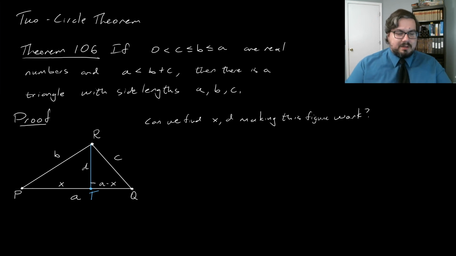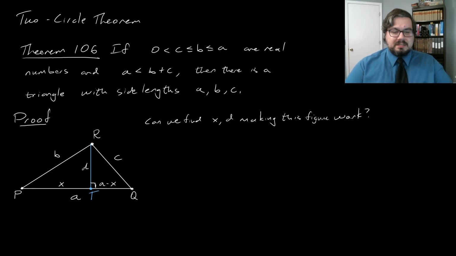Given that we are going to put a right angle there, that's usually what we want to do. And putting a right angle there, of course, means that we can use the Pythagorean theorem. So let's see what would have to be true about x and d in order to make this figure work. Well, we've got two right angles that we can use. Let's start with the triangle PTR.